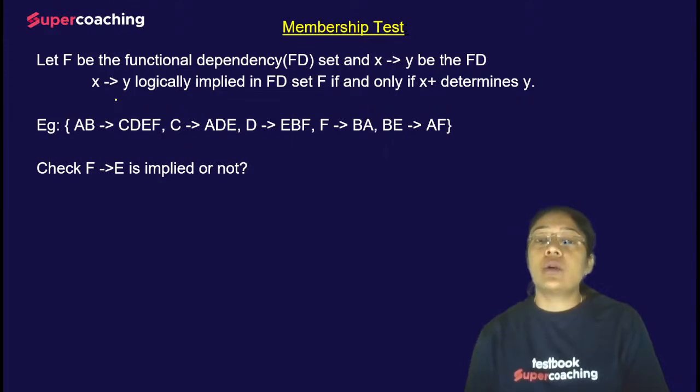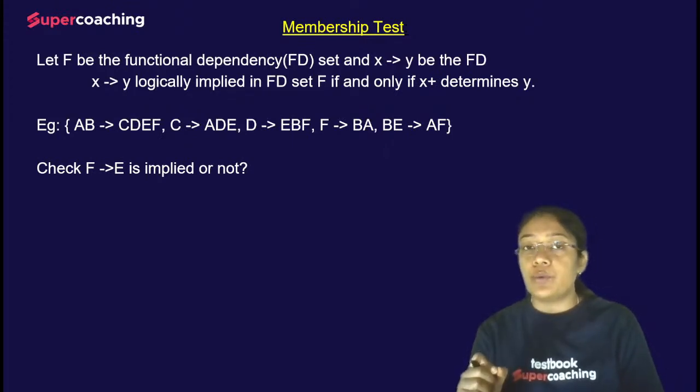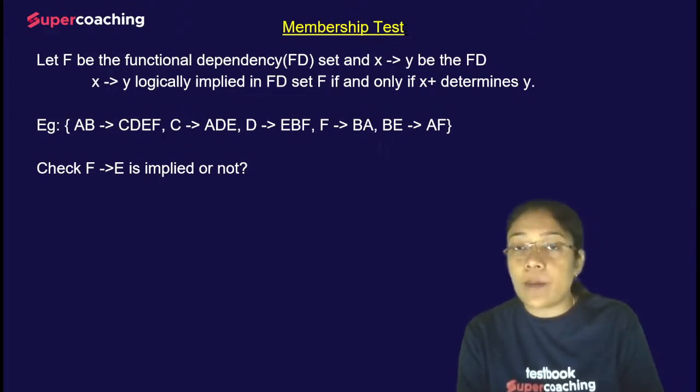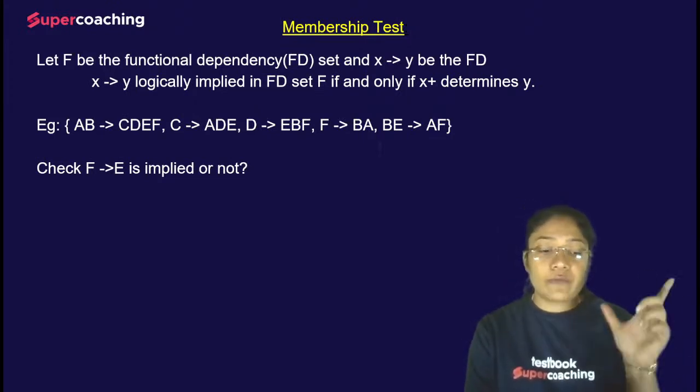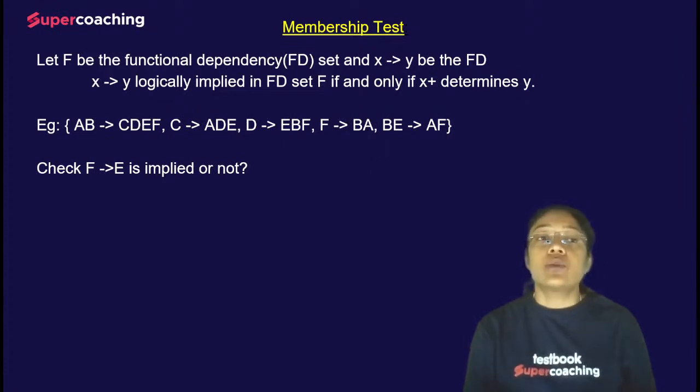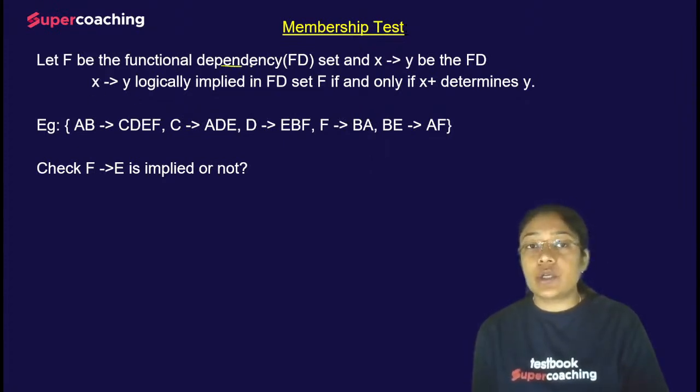We'll find out the closure of the attribute. For whichever functional dependency you want to check, find the closure of the attribute on its left hand side. Okay, so here let F be the functional dependency set and X determines Y be the functional dependency, and we have to check whether X determines Y is logically implied in the given functional dependency set or not.